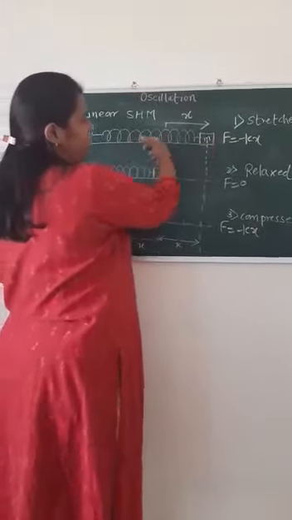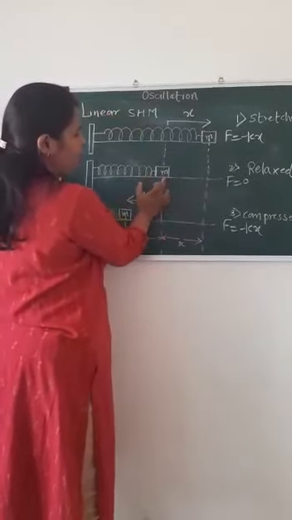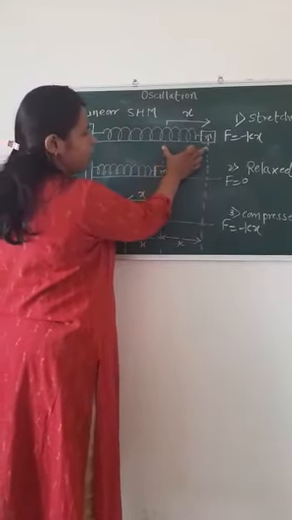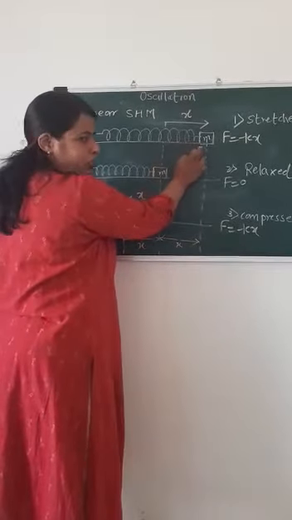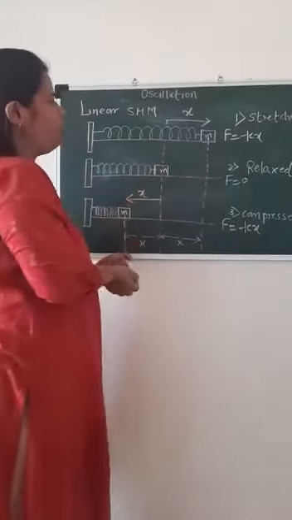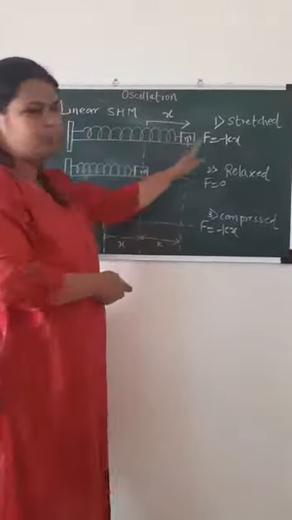First we stretch the spring. From this mean position, the displacement of the mass will be x. Suppose this displacement is x. So we have applied a force away from the mean position.